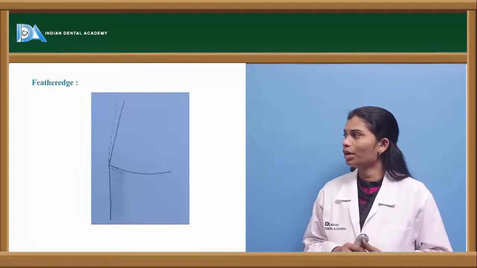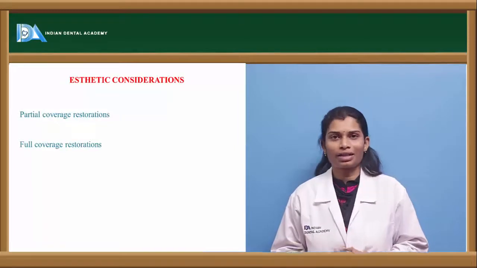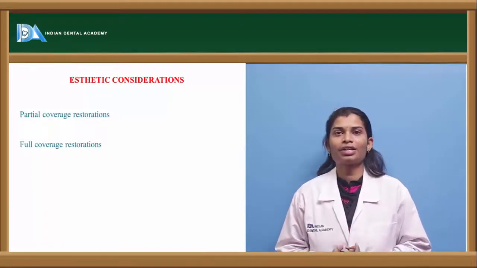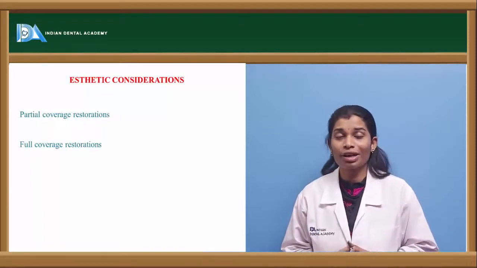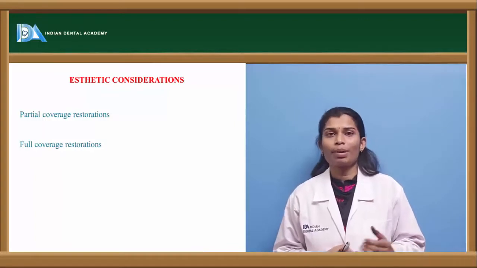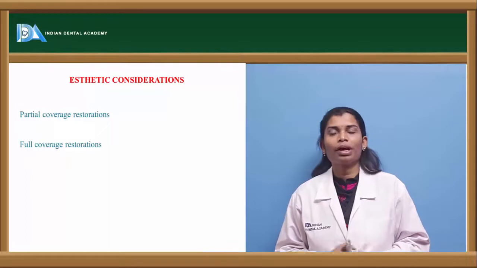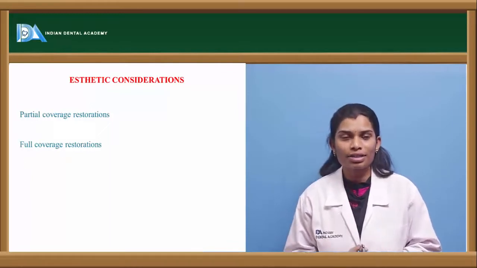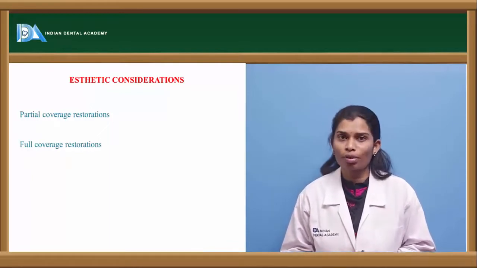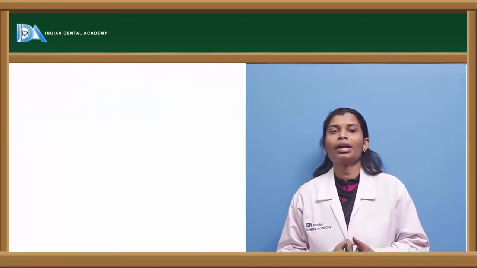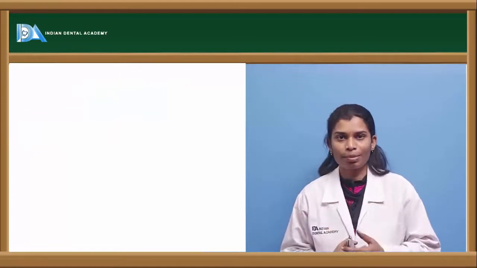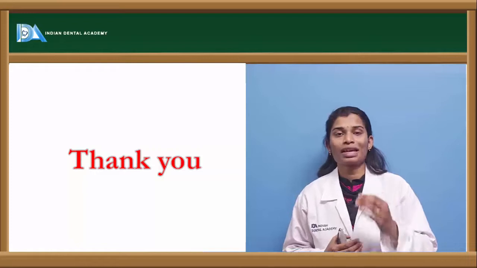Coming to aesthetic considerations. Aesthetic considerations have to be studied in relation to the type of restoration you are giving, whether it is a partial restoration or a full coverage. If it is a partial restoration, you have to consider occlusal capping, the help of all ceramic material, masking the metal, and also the amount of ceramic thickness.